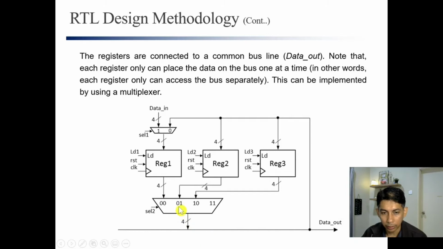If we set it to 01, only this data can go to the bus, and if we set SEL2 to 10, this one is allowed to go to the bus. So this is only one way to implement the bus.